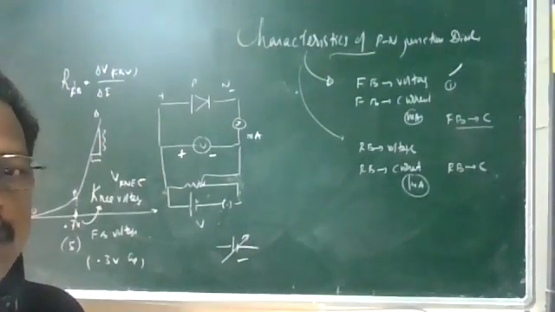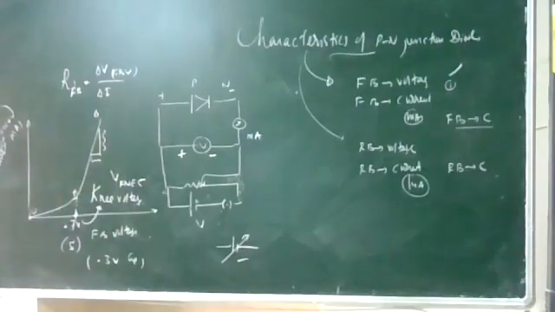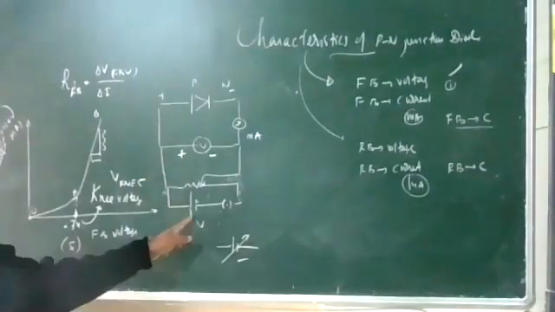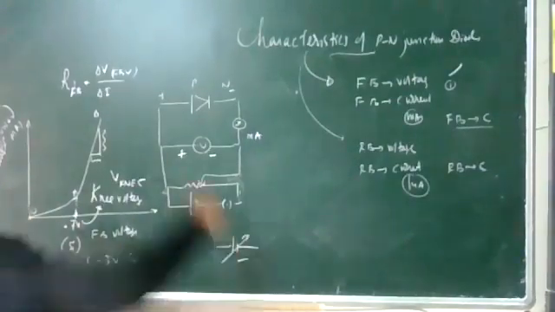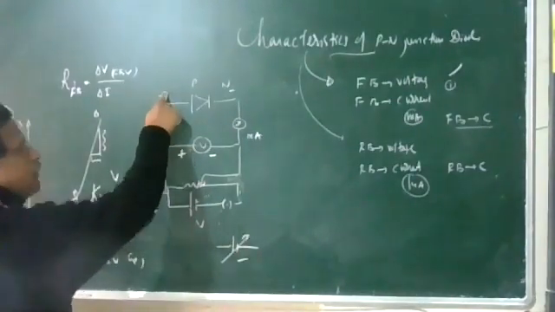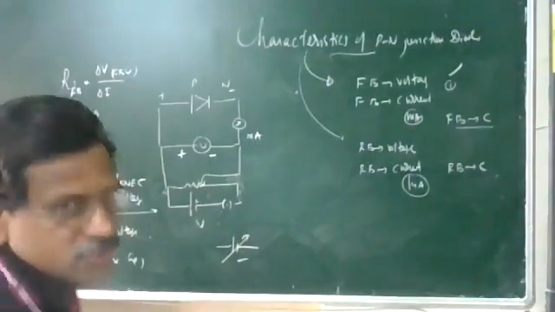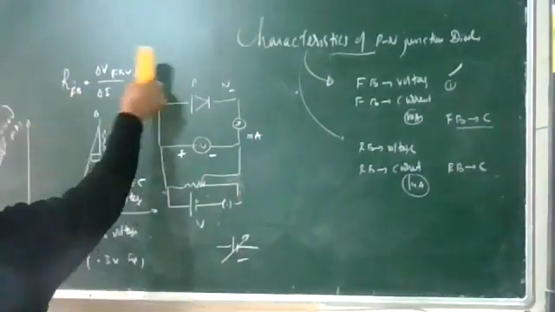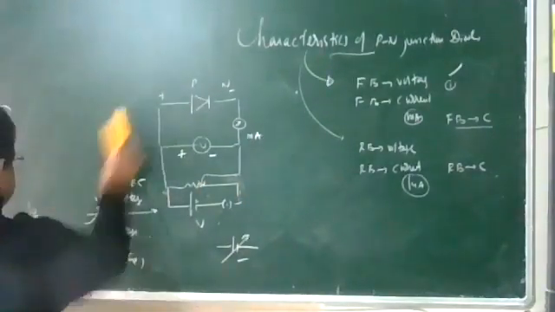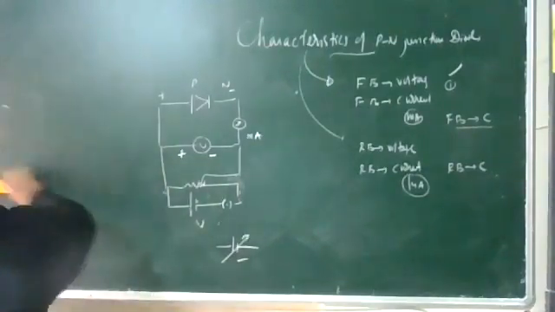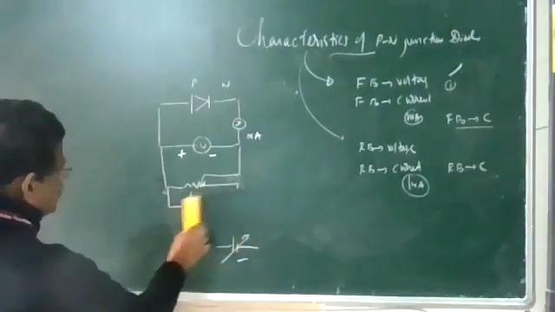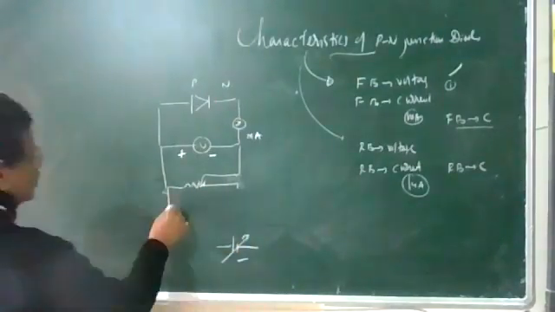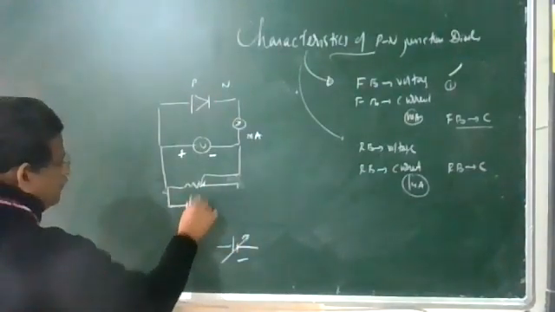Next is reverse characteristics. The diode will remain like that only. We change the polarity of the battery, nothing else. I am going for reverse bias characteristics now. The PN junction will be there, and for the battery connection here we connect negative.